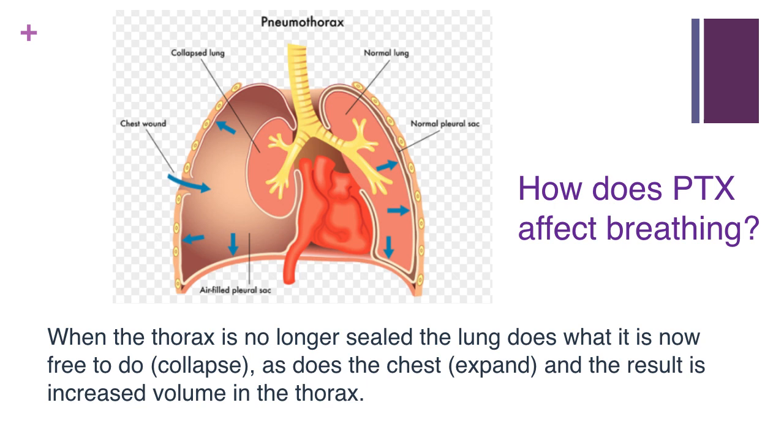When the thorax is not sealed, let's say we've punctured one of the pleural membranes, we now have an open system instead of a closed system. We've lost the negative pressure that keeps that very flimsy lung lining open, and it does what it is now free to do: it just collapses away, and it fills that space up with air or with fluid. The result is essentially increased volume within the thorax.